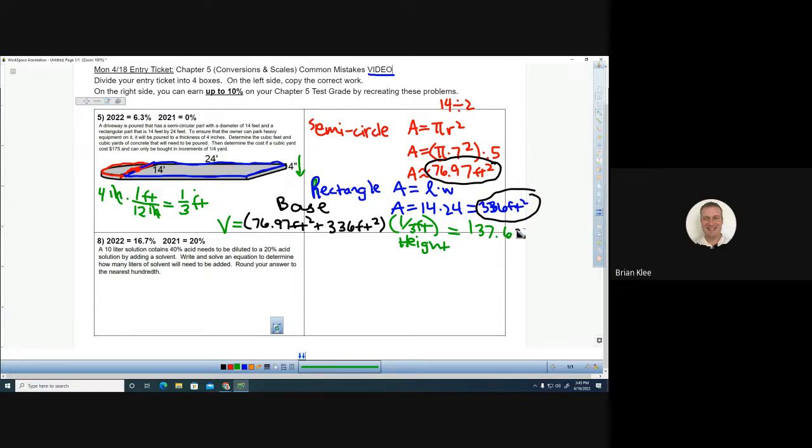But we're not in yards yet. So we don't want to do a lot of rounding yet. We're at about 136.7 if we round this to the nearest tenth. So now this is cubic feet.